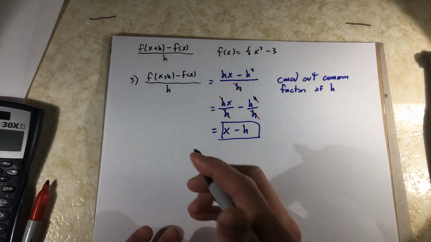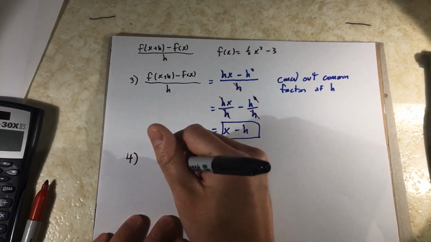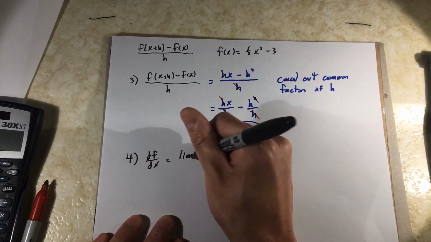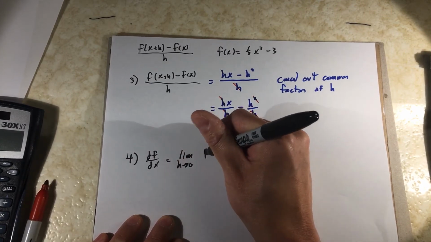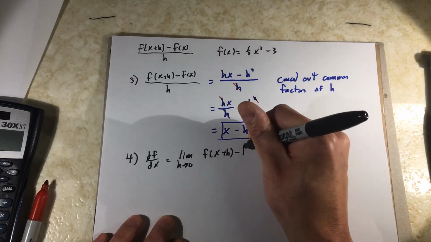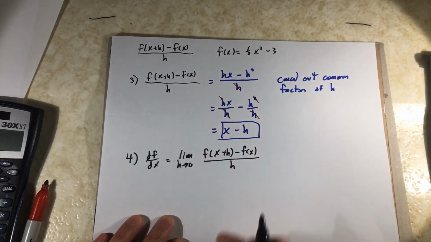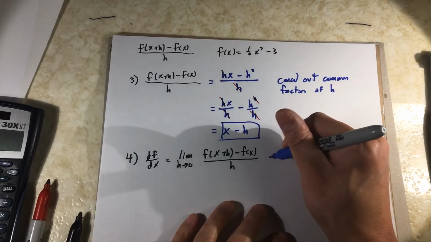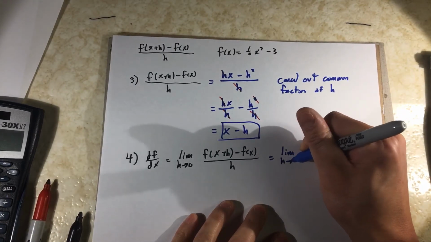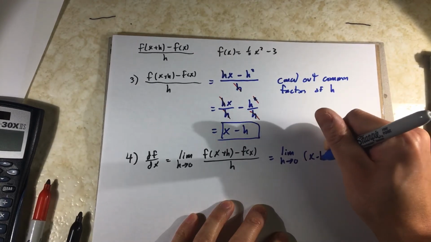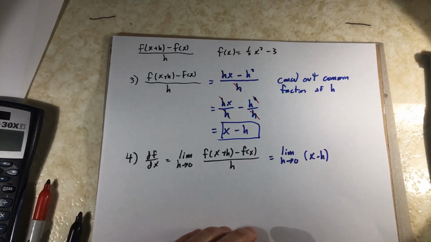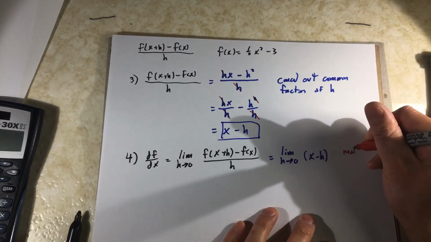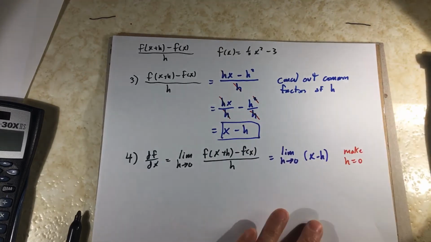All right. So our fourth and final step is we know that the derivative is equal to the limit as h goes to 0 of f of x plus h minus f of x over h. So basically what we're looking for is the limit as h goes to 0 of x plus 1/2 h. You can see that what this step does is make h equal to 0.